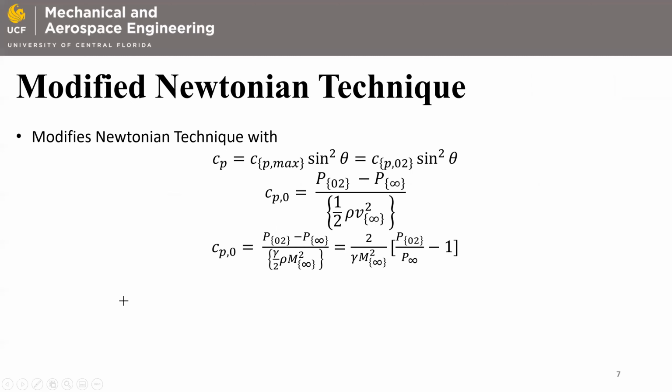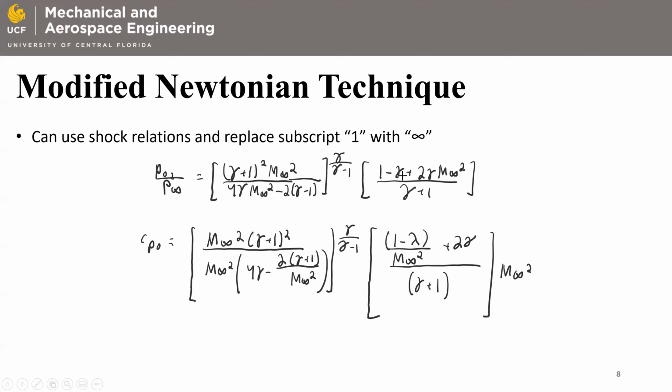Then there's a modified Newtonian technique where they essentially look at stagnation points and calculate the pressure coefficient that way, and then they relate that to the isentropic relations to get it in terms of Mach number and gamma. So you can calculate your pressure coefficient at the stagnation point based on your free stream values and the pressure at the stagnation point as well.